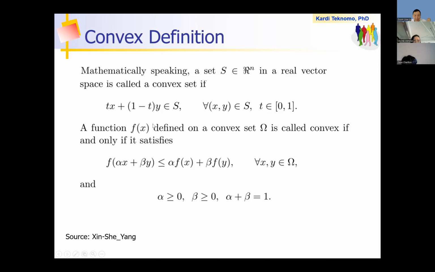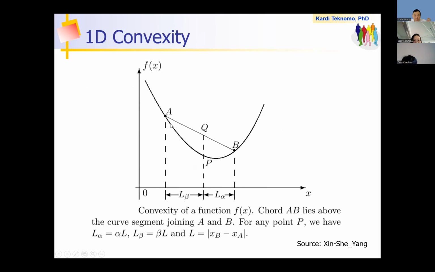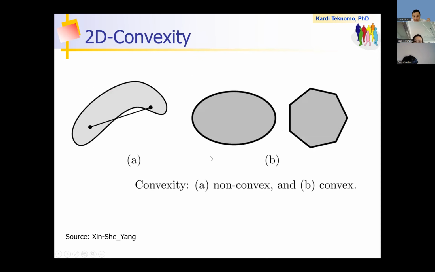Geometrically, convex in 1D is something like this. This is the convex function. In 2D, convex means any 2 points can be connected by a line. Any 2 points. So this is convex.